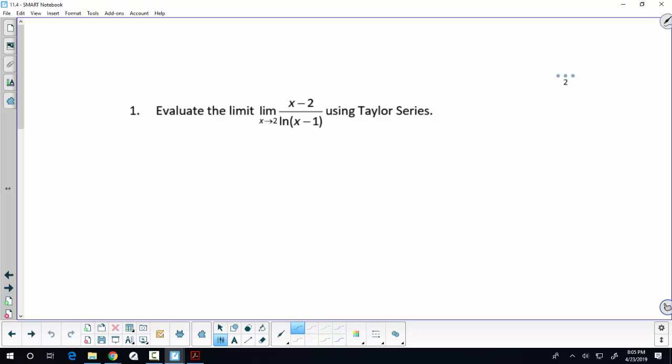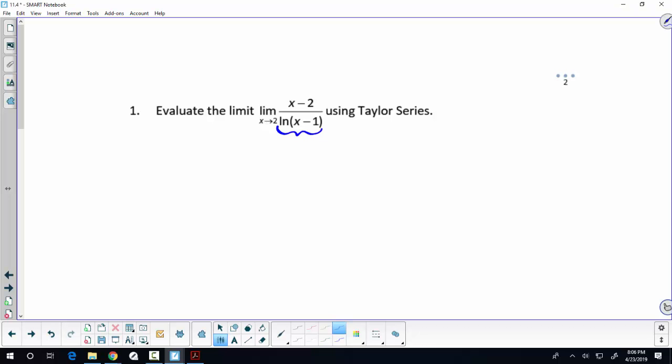This is a limit that evaluates to infinity over infinity. Honestly, the most efficient thing to do here is to apply L'Hopital's rule one time, and you get the answer to that limit. But the idea is that we've got a limit as x approaches 2. I'm going to take my function ln of 1 minus x, because it's x minus 2.